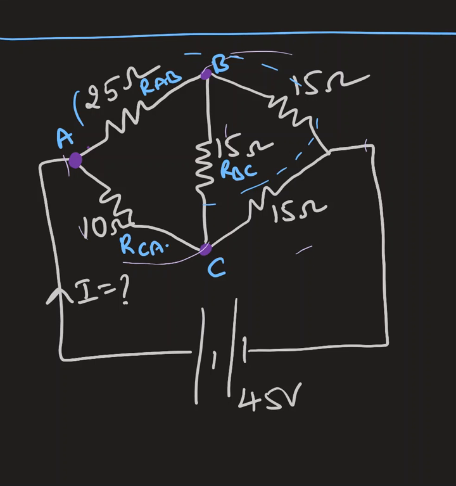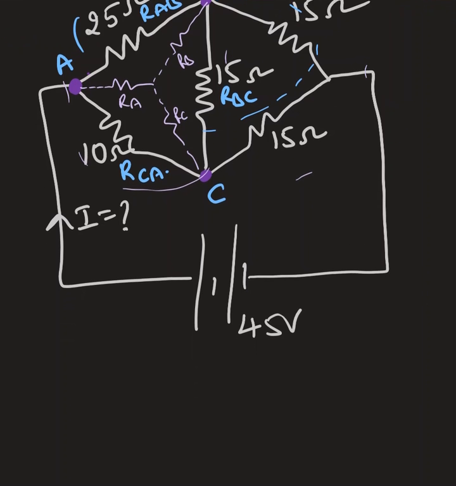Now once we transform the circuit, we're going to end up with RA right there, RB right here and RC right here.